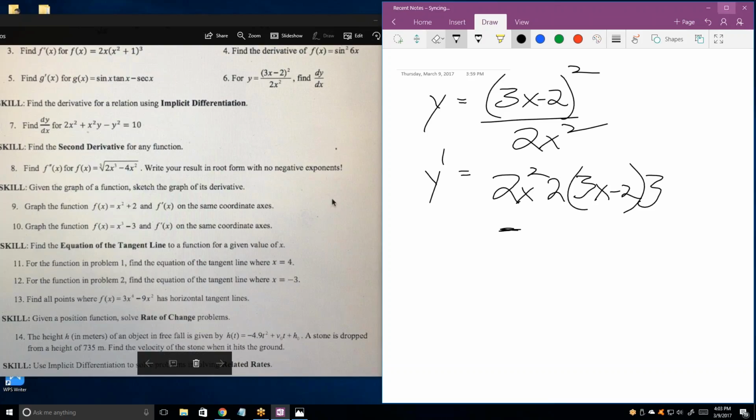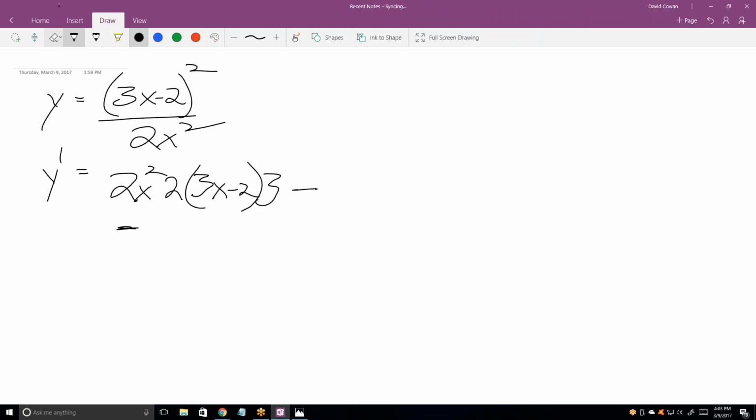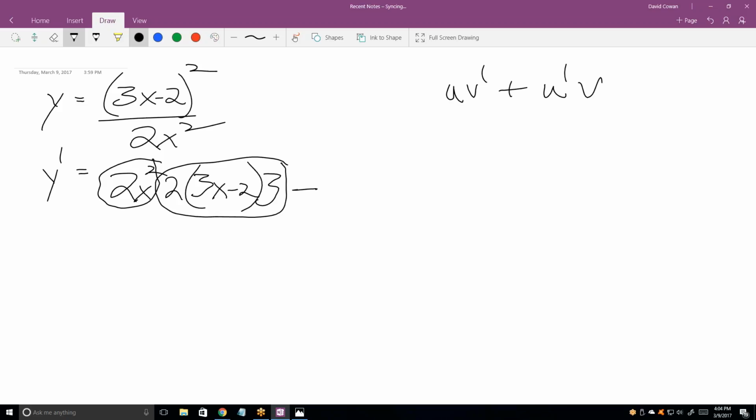Here, let me do it like this. I don't want to make it more confusing than it is. So the first thing we did was the bottom times the derivative of the top. Now we know it has to be subtraction because I cannot do these in either order like you can with the product rule. Notice the product rule, you can do uv prime plus u prime v, but that's the same as u prime v plus uv prime.